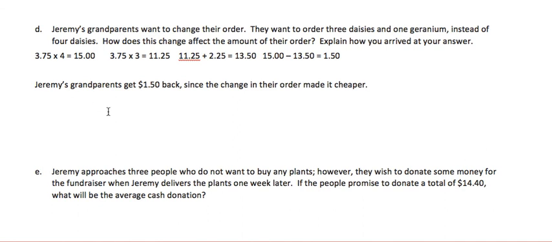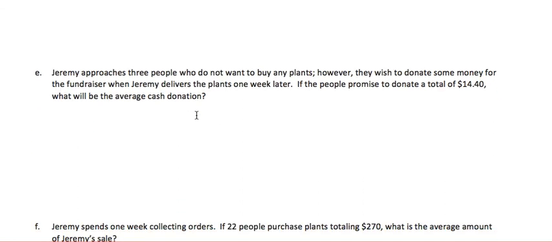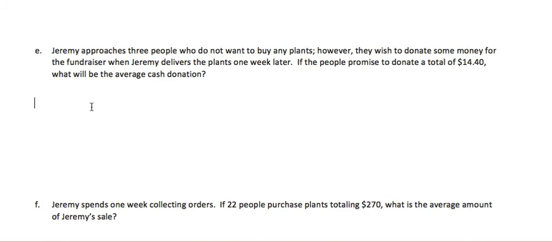Jeremy approaches 3 people who do not want to buy any plants. However, they wish to donate some money for the fundraiser when Jeremy delivers the plants 1 week later. If the people promise to donate a total of $14.40, what will be the average cash donation? So these people, 3 of them, are donating a total of $14.40.